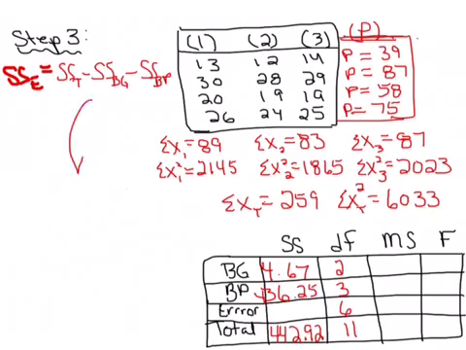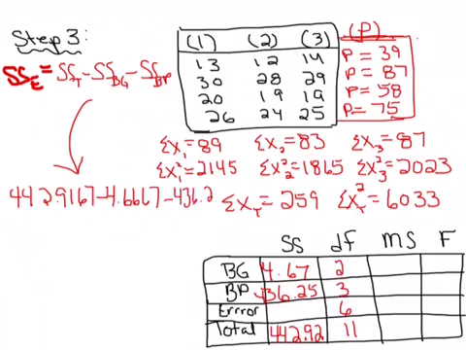So we end up with sums of square total 442.9167 to be accurate, if you remember before we rounded, minus our sums of square between groups 4.6667 minus our sums of square between persons 436.25.